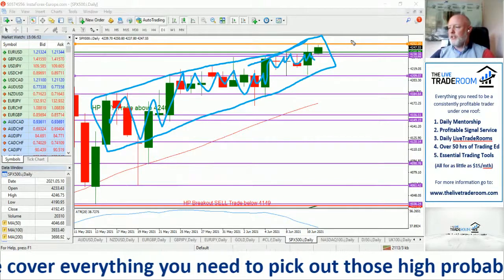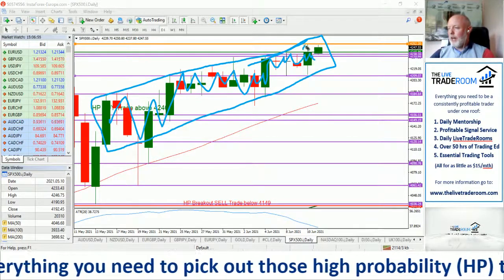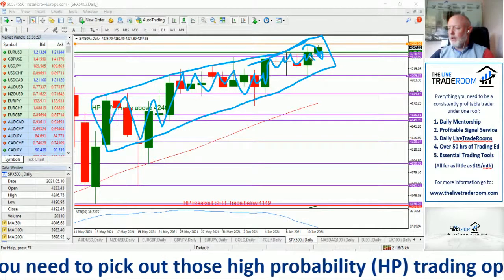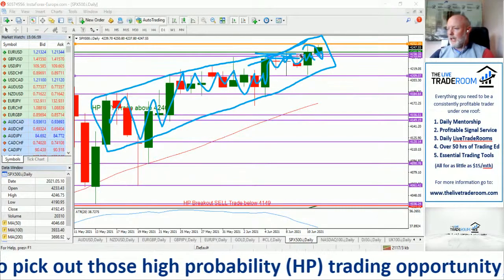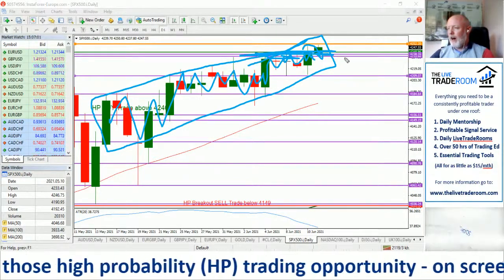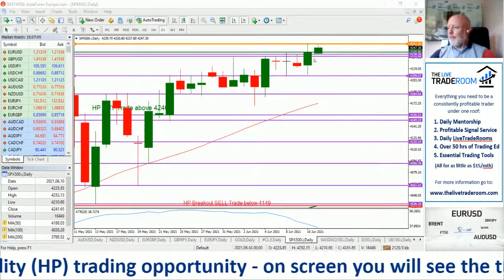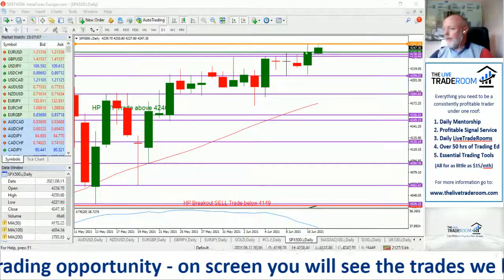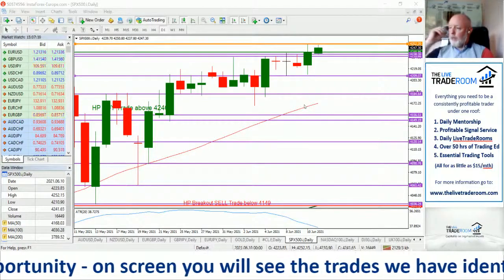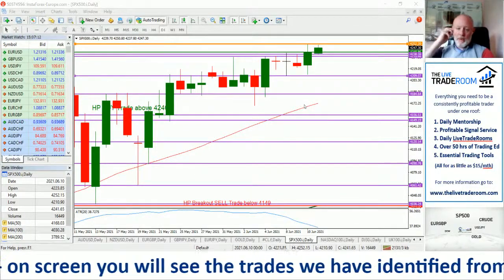Long periods of moving sideways. Yesterday's reversal back down to this level is quite interesting because there's a lot of resistance up here at the monthly highs. Now technically we are above the 42.50 level, so we might get an accelerated move to the upside.